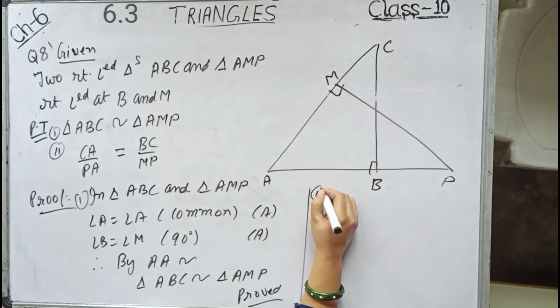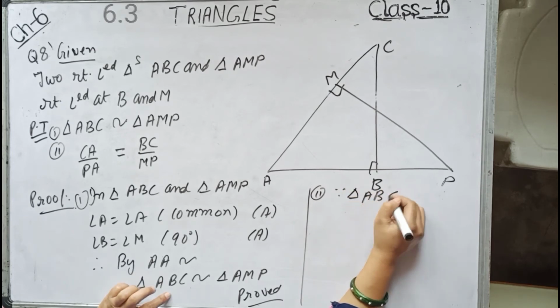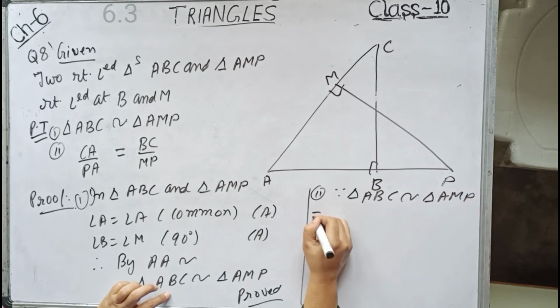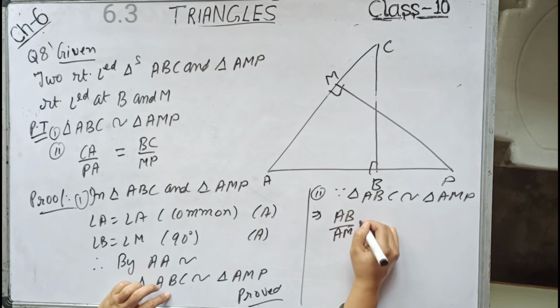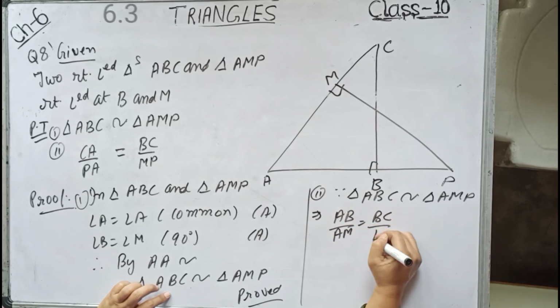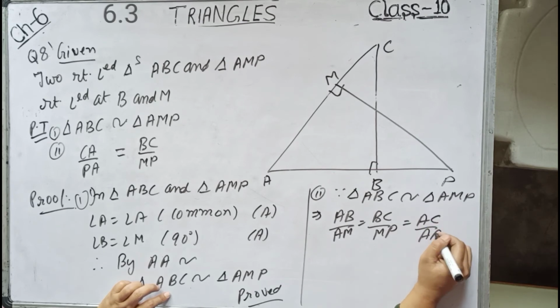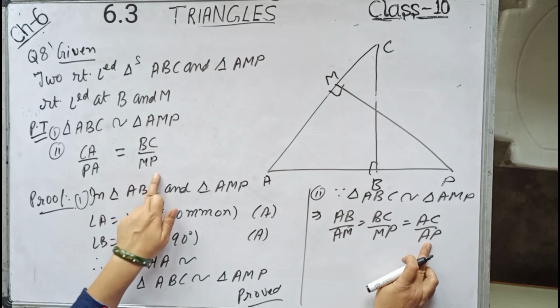Now number 2: since triangle ABC is similar to triangle AMP, this implies AB by AM equals BC by MP equals AC by AP. Now what I want is CA by PA and BC by MP.